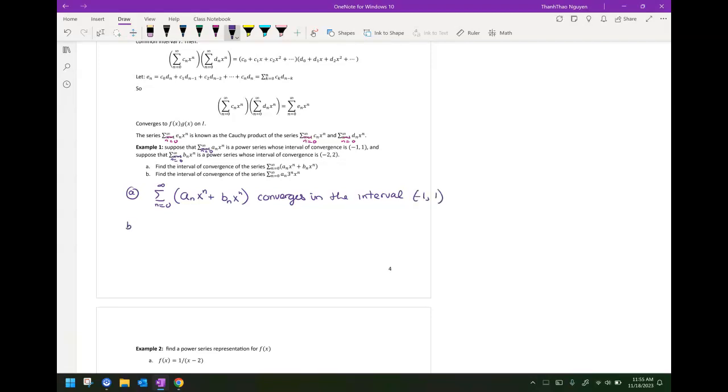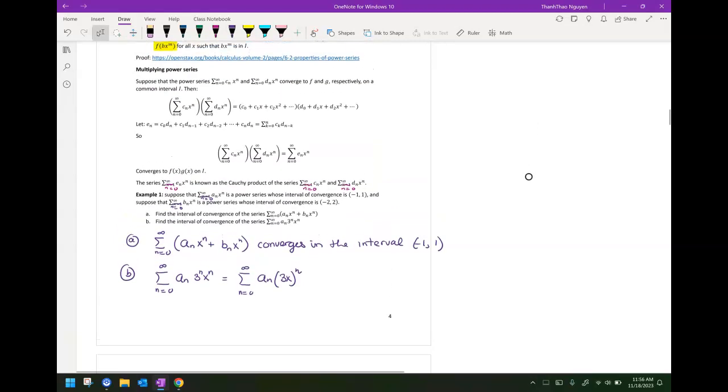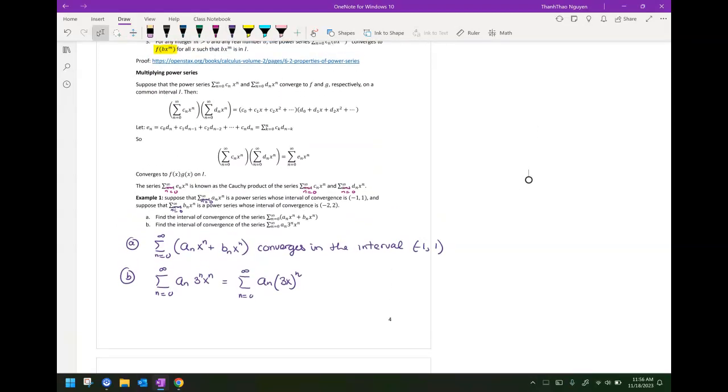For b, the sum from n equals 0 to infinity of a sub n times 3 to the n times x to the n, we can rewrite as the sum of a sub n times 3x to the n. We know that the series earlier converges in the interval of negative 1 to 1, right?